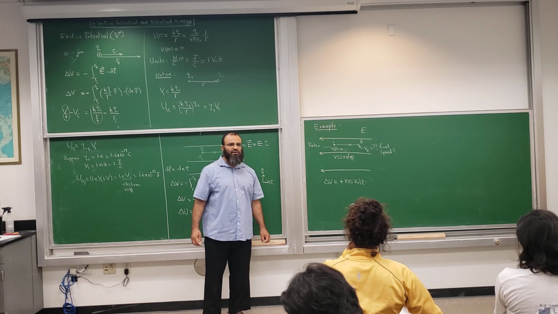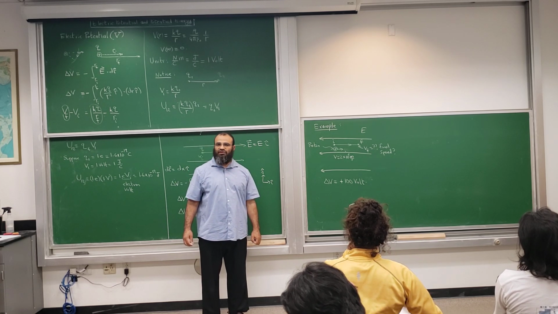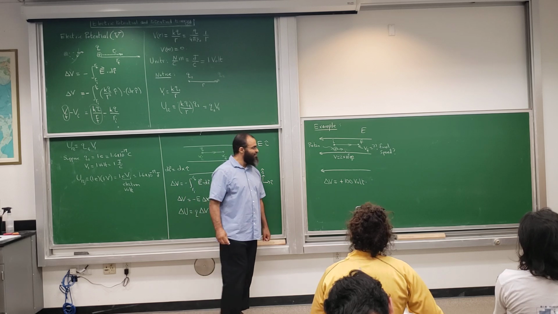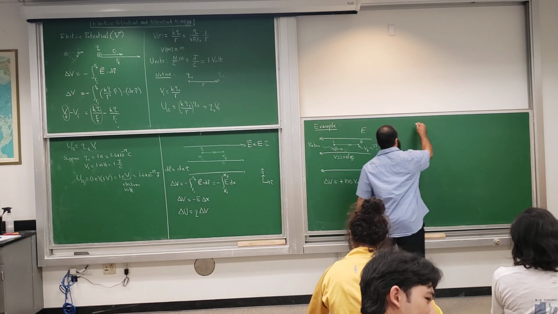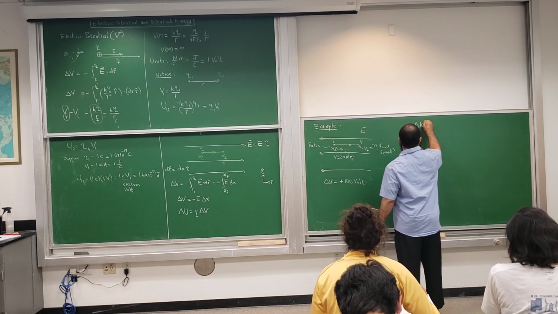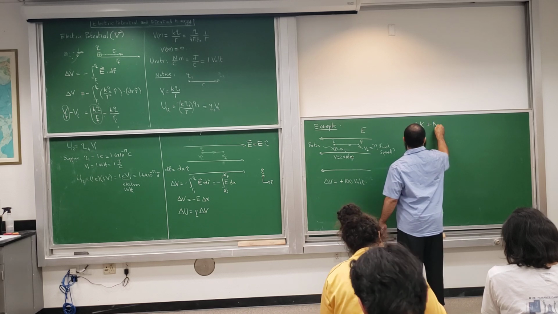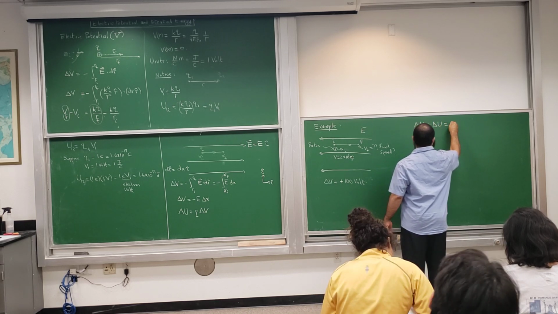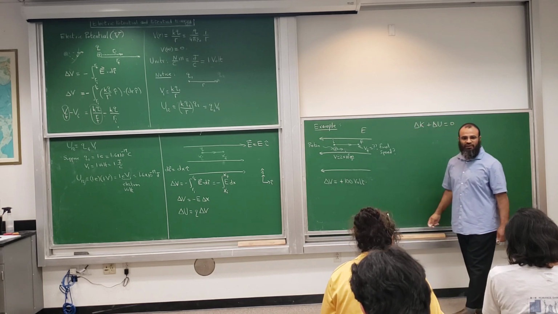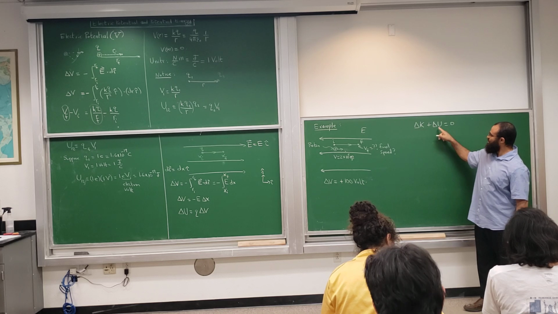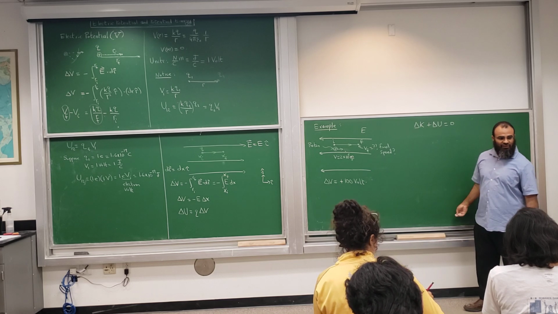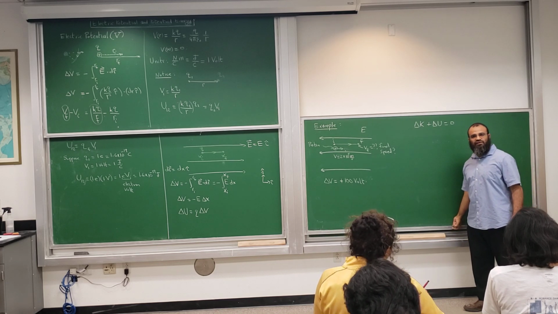So what should we do? Conservation of energy. You can say the change in kinetic energy plus the change in potential energy is equal to 0. K final minus K initial, you can write your conservation of energy.